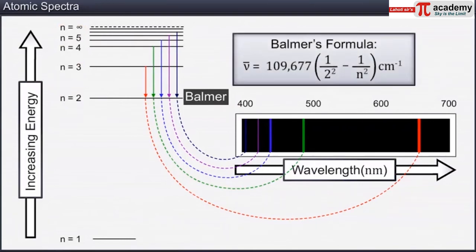Balmer showed that if spectral lines are expressed in terms of wave number, then the visible lines of the hydrogen spectrum obey the formula wave number, nu bar equal to 109,677 multiplied by (1/2² minus 1/n²) per centimeter. Here, n is an integer equal to 3, 4, 5, etc.